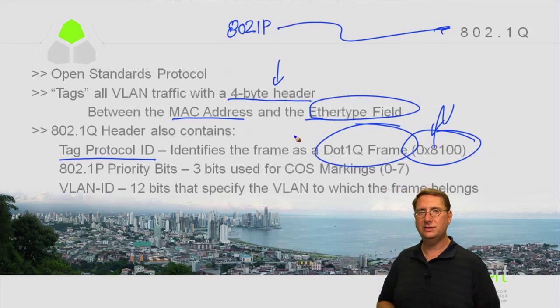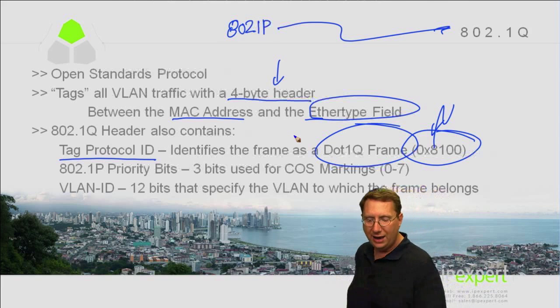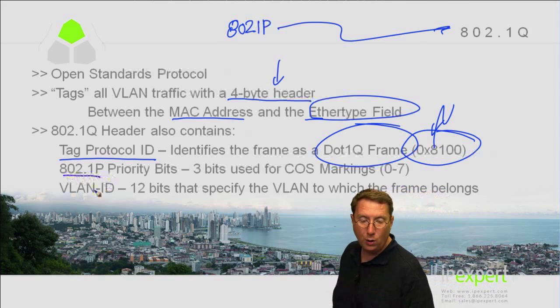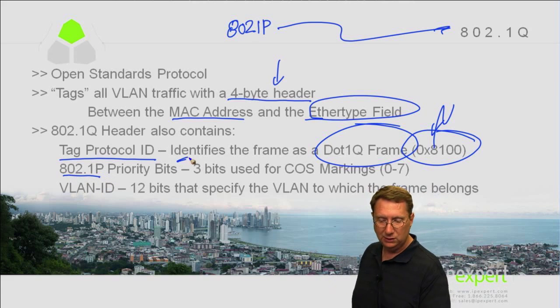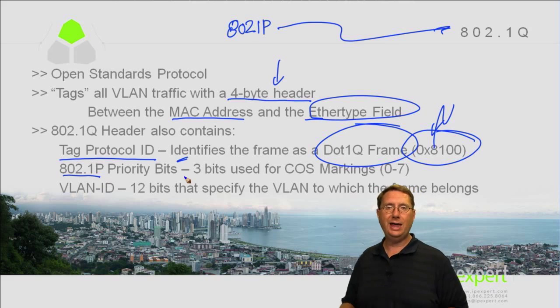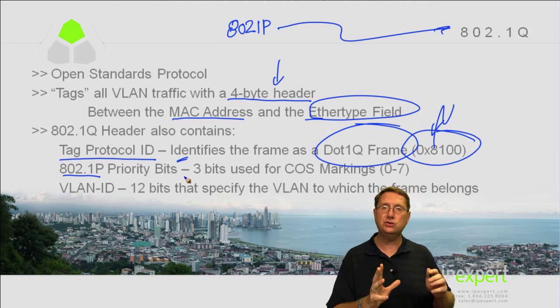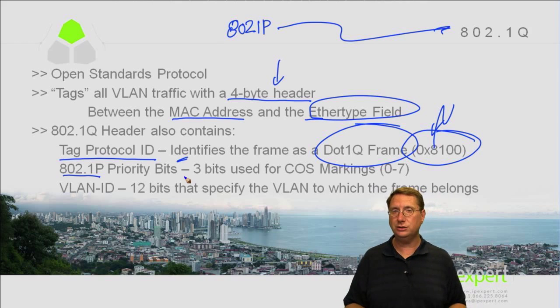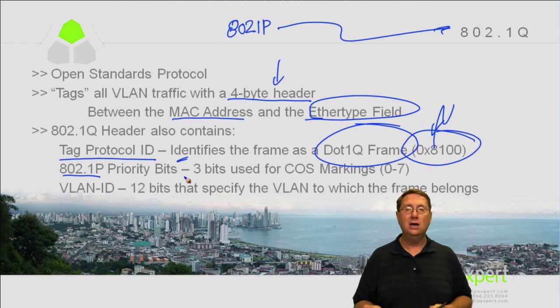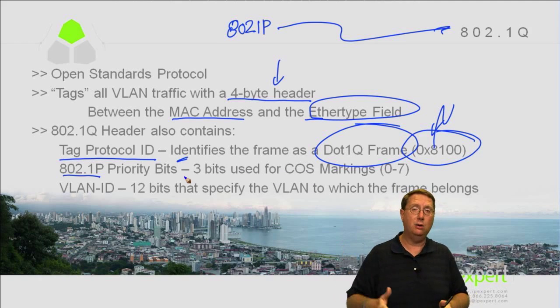Two other key elements that we're going to need to know about. One we're not going to talk about until we hit QoS, and that's going to be the 802.1P priority bits. The 802.1P priority bits give me 3 bits in order to assign a class of service value. Class of service is a quality of service mechanism used at layer 2 that is going to be employed on my trunks, or my inter-switch links, that allows me to provide traffic preferential treatment based on CoS.